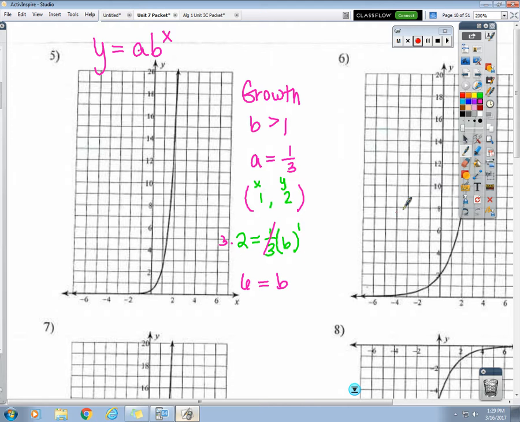Now we have everything we need. Y equals A, which is 1/3, times B, which is 6, to the X power. There's your equation. What is the domain? Correct. And what is the range? 0 to infinity. Okay, why don't you take a second and try 6 and 7.